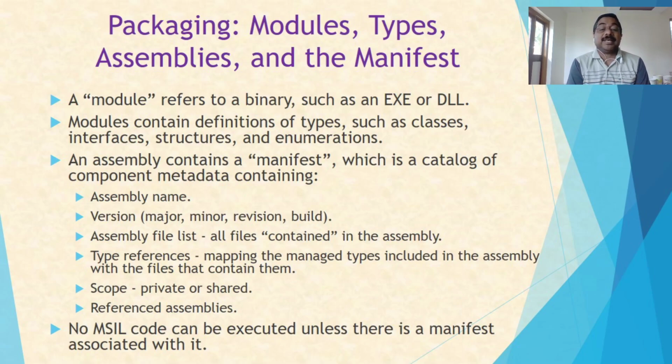So no MSIL code can be executed unless there is a manifest associated with it. So the assembly and manifest, with the help of metadata, will be created while creating the source code as well as the application.